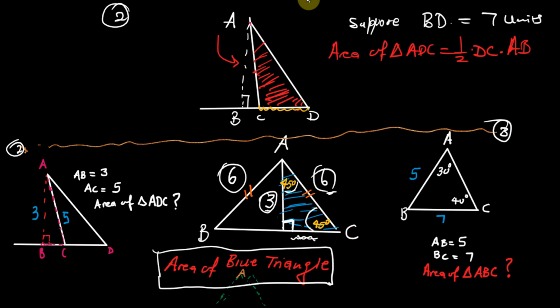Okay, and I just have to remind you again that the height cannot be AC. AC is a length, and we are not looking for its length as the height. When we're doing triangles, we are looking for a perpendicular height.